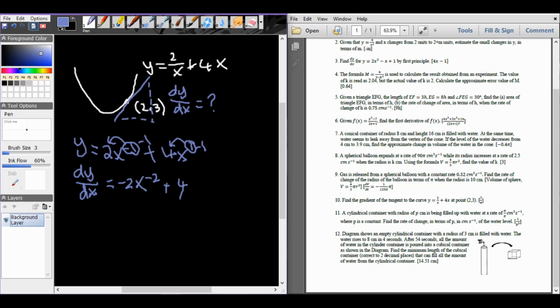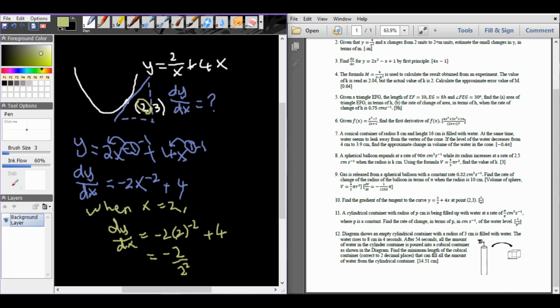So this is dy/dx. And we have to substitute x equals 2. So when x equals 2, dy/dx equals negative 2 times 2 to the power negative 2 plus 4. So this is negative 2 over 2 squared plus 4.